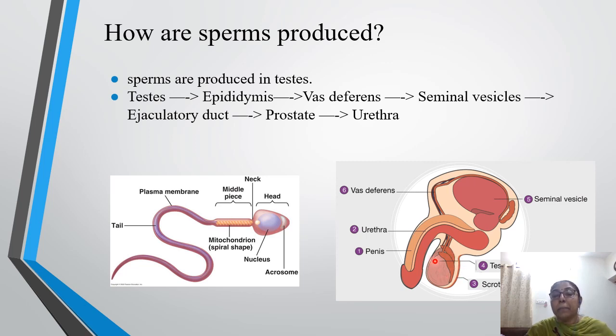These are passed on to the epididymis, where they are stored, and from there through the vas deferens they collect the secretions from the seminal vesicles, the prostate gland, and the Cowper's gland. It then passes through the urethra.